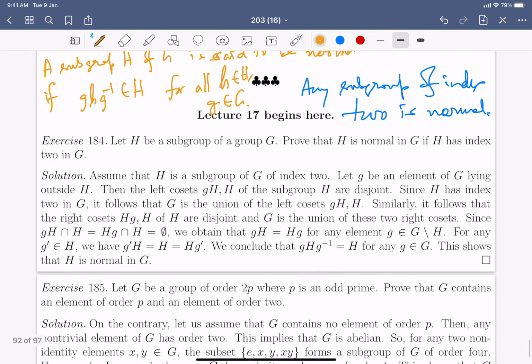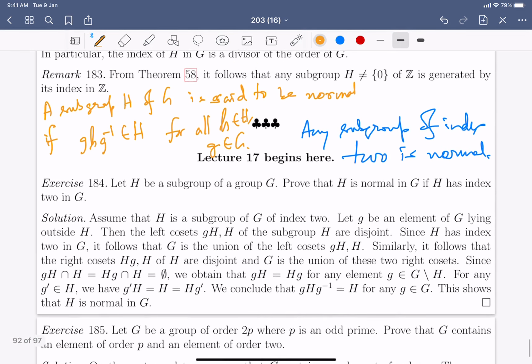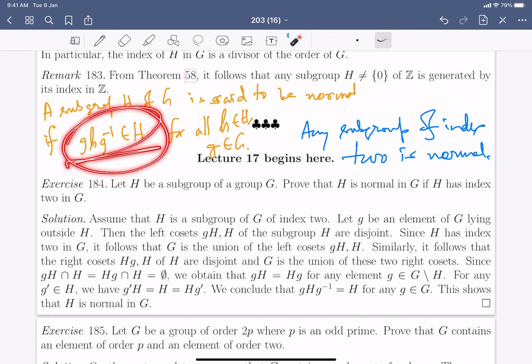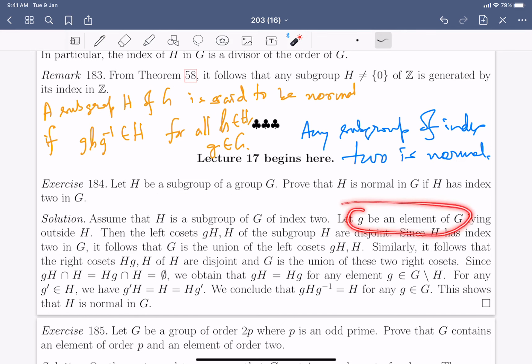Let's look at some of the cosets of this subgroup, and from that consideration it will follow that this property holds. We start with a subgroup H of G of index 2, and pick an element little g of G. It's important to focus on the elements g of G that lie outside H. Why?